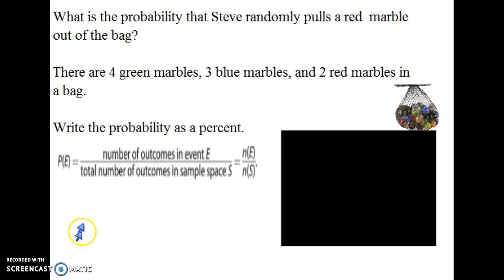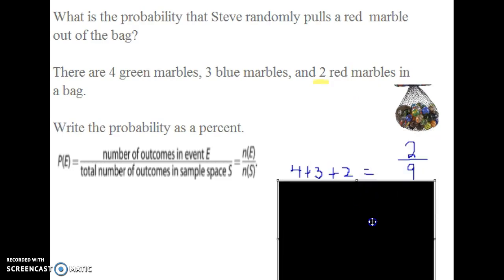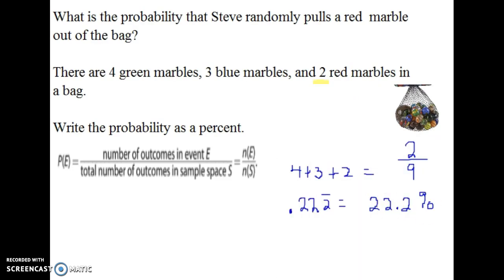This one says, what is the probability that Steve randomly pulls a red marble out of the bag? And then they tell us that the bag's got 4 green marbles, 3 blue marbles, and 2 red marbles. So our number of outcomes that's possible in this event, well, we want red marbles, right? So there are 2 red marbles, so that is our numerator. And then if we add up the possible choices, 4 plus 3 plus 2, there are 9 marbles in that bag.